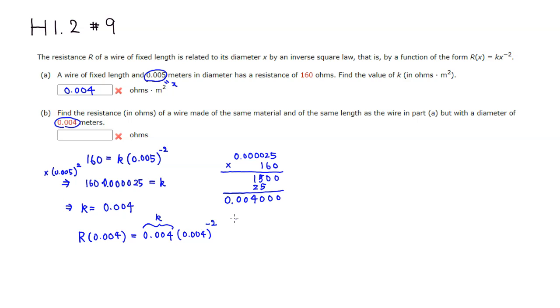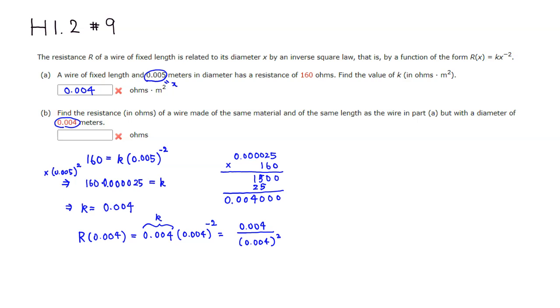You can see that this is actually kind of nice. You have 0.004 on top, and then 0.004 on the bottom squared, because it's a negative 2 power.